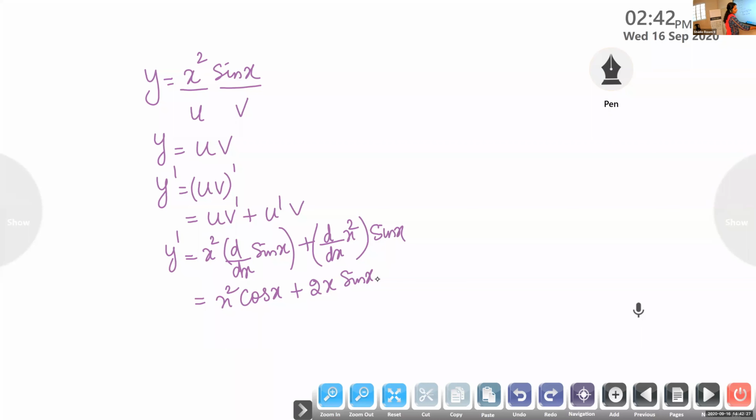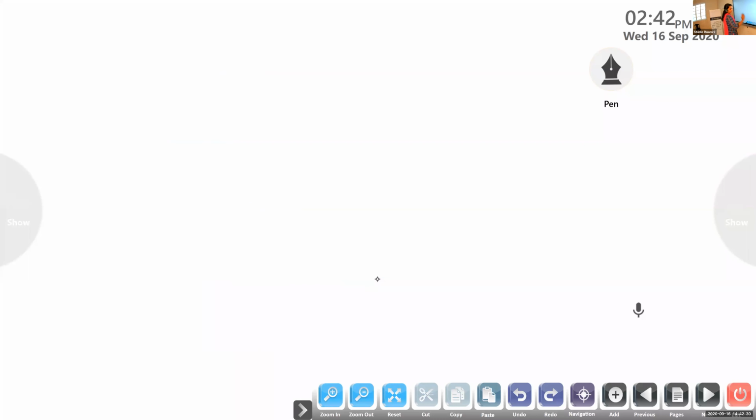Find the derivative of (x square plus 3x plus 1) into (3x square minus 7).